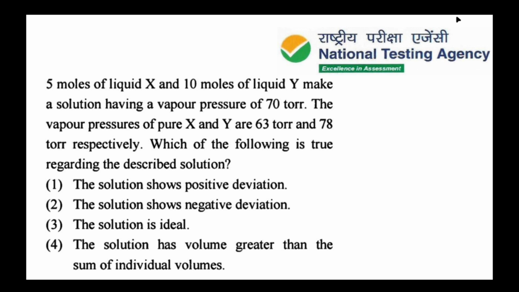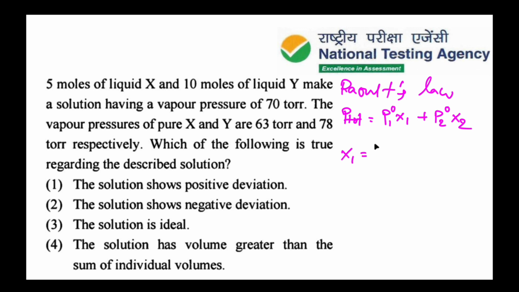We know very well, according to Raoult's law, P total is equal to P1 naught X1 plus P2 naught X2.